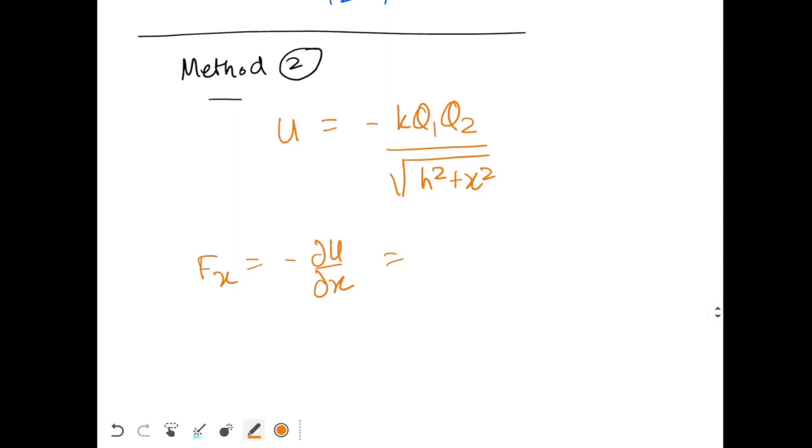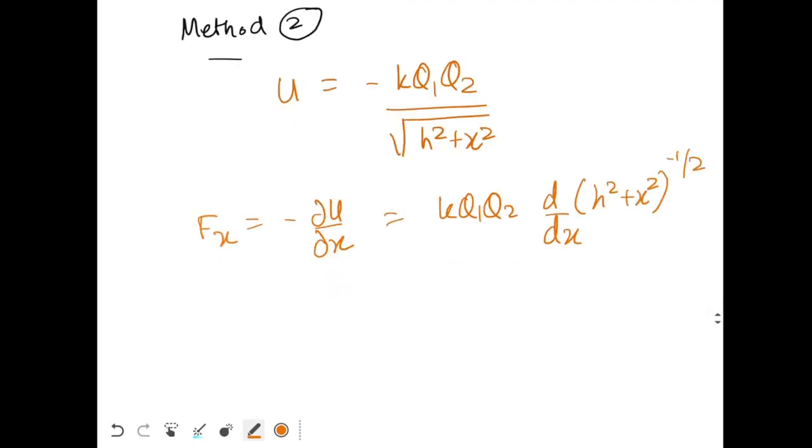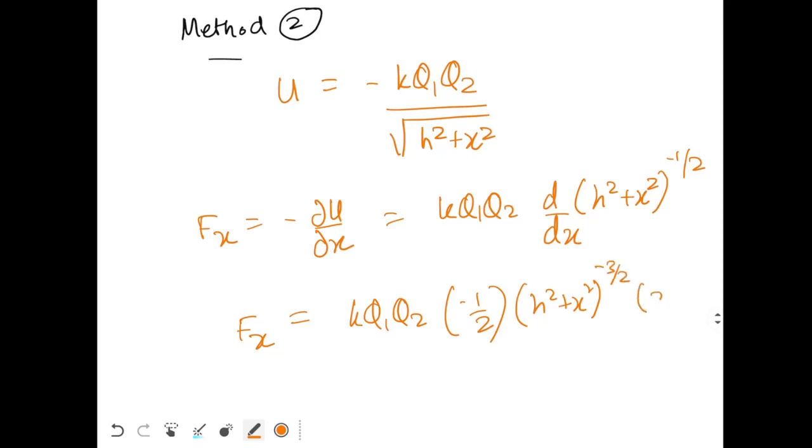So this will be k q1 q2 d by dx of (h square plus x square) to the power minus 1 by 2. Okay, so you will get Fx equal to k q1 q2 times minus 1 by 2 and (h square plus x square) power minus 3 by 2, and then we get 2x.